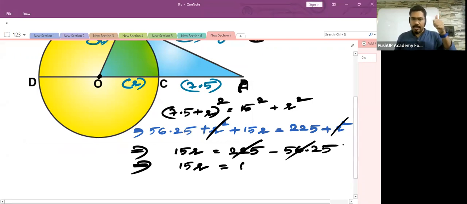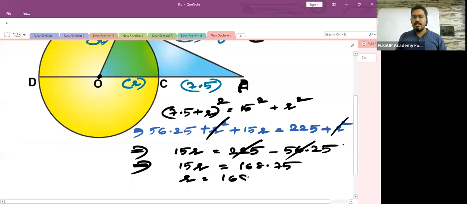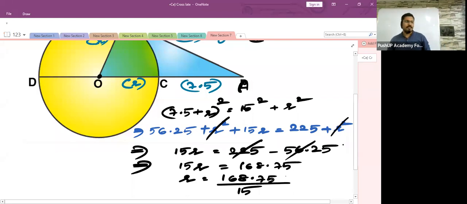Amal? 168.75. So R will be equal to 168.75 divided by 15. Please do it at the earliest and get me the answer.